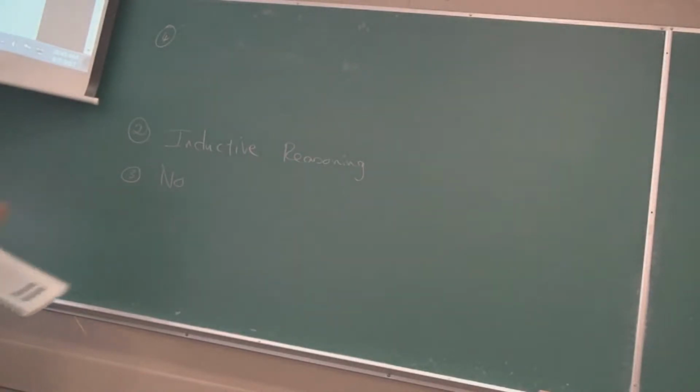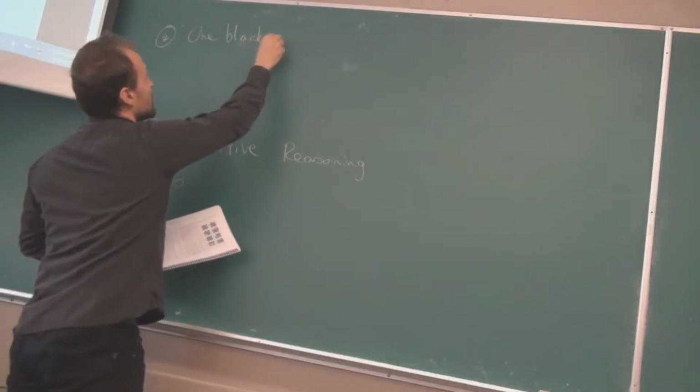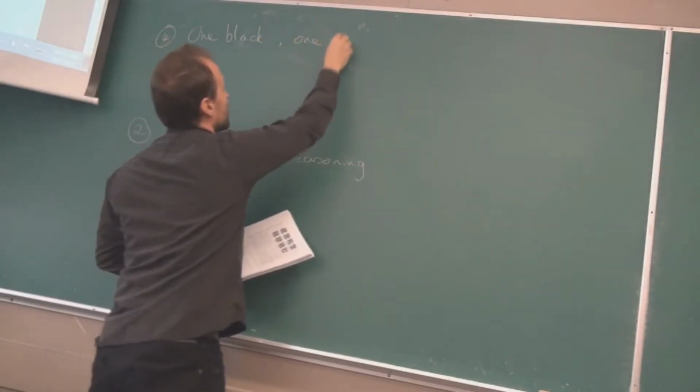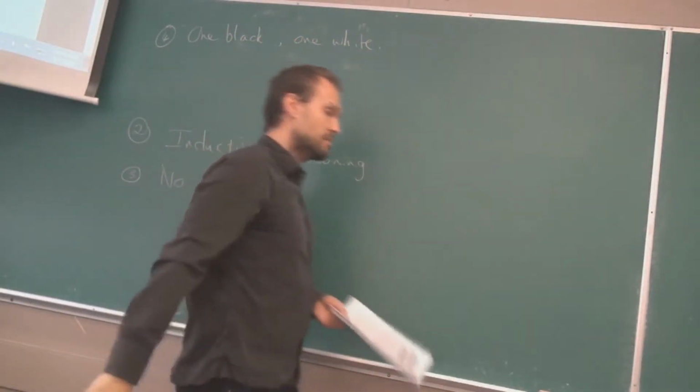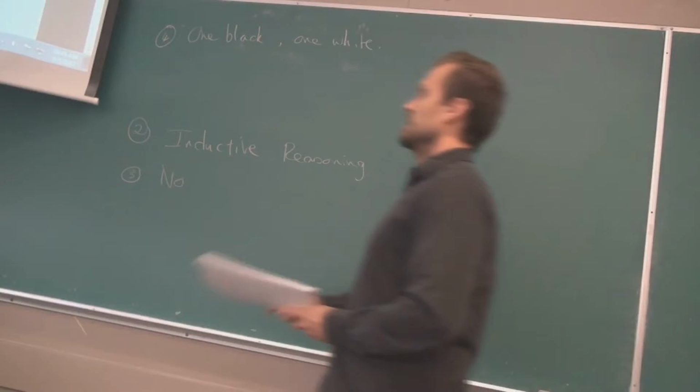The paperclip covers 1 black and 1 white. Any paperclip that's being put down within the rules of the game, that is always going to be the case. So that's information about how the game works that we might use.